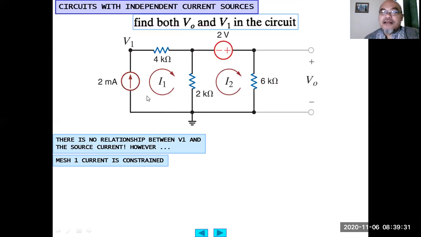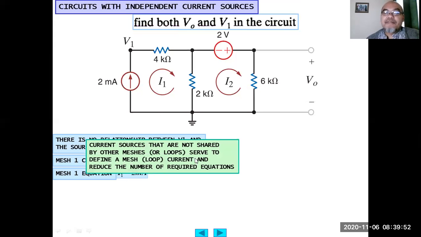Here, because the mesh current I1 basically coincides with this independent current source, 2 milliampere, we can immediately write down I1 equals 2 milliampere. So the mesh 1 equation will be I1 equals 2 milliampere.